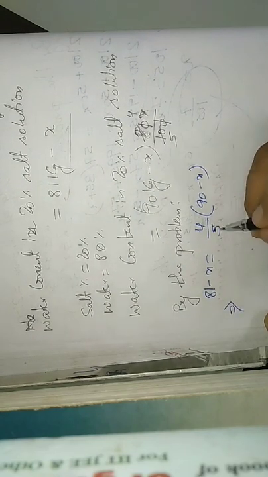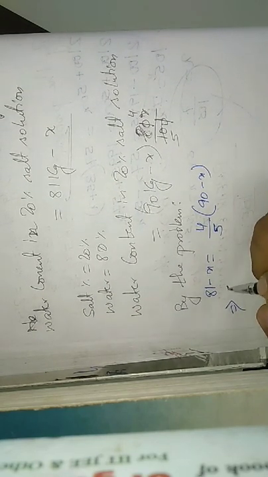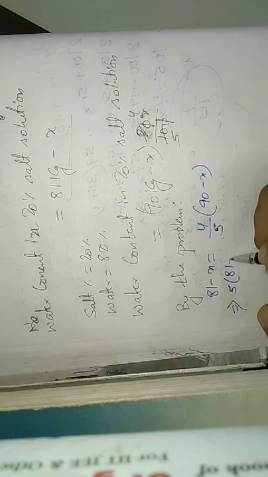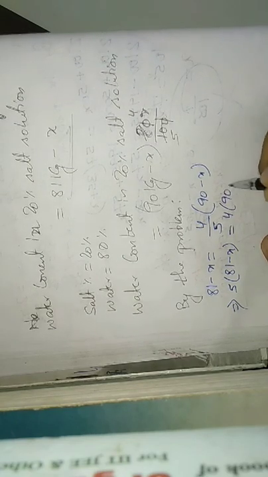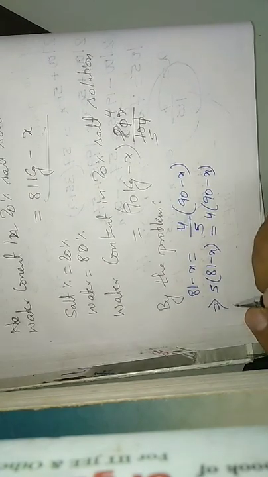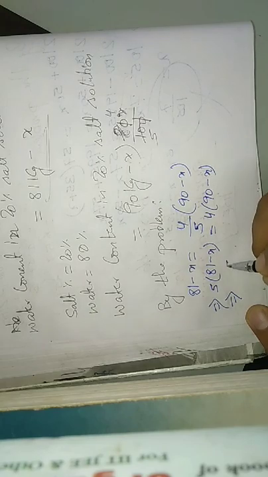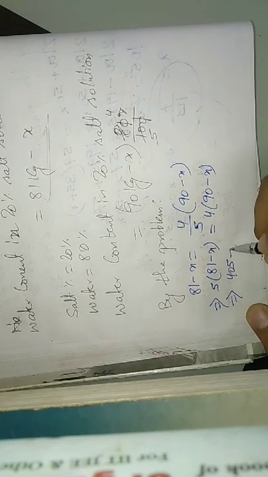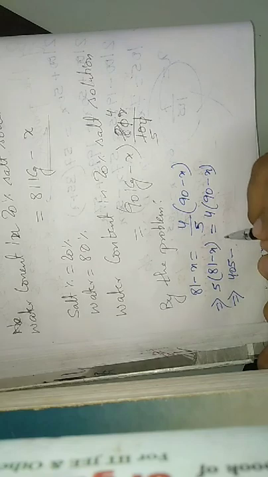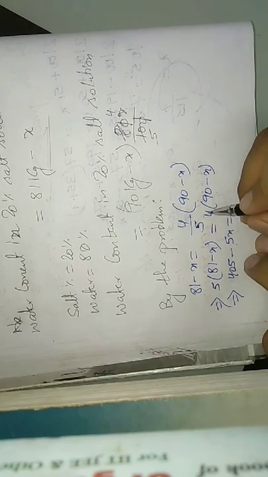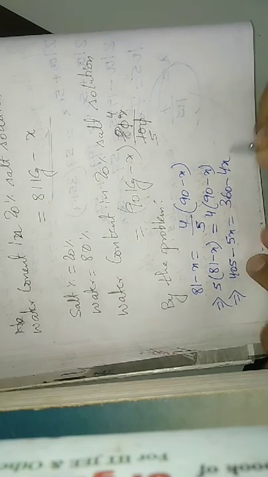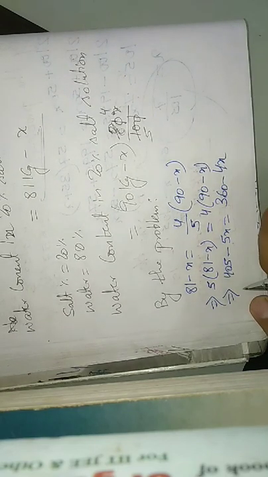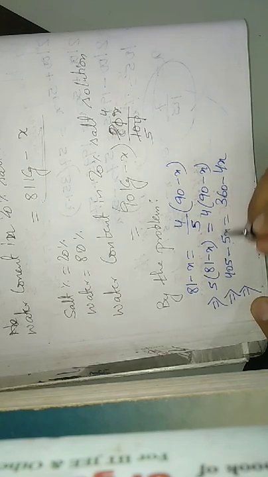So now we will be doing cross multiplication, right? So 5 multiplied by 81 minus x is equal to 4 into 90 minus x, which implies 5 into 81 is 405 minus 5x is equal to 4 into 90, which gives you 360 minus 4x. Students, the same thing is happening over here. 5x has to be transferred to that side because this is negative.